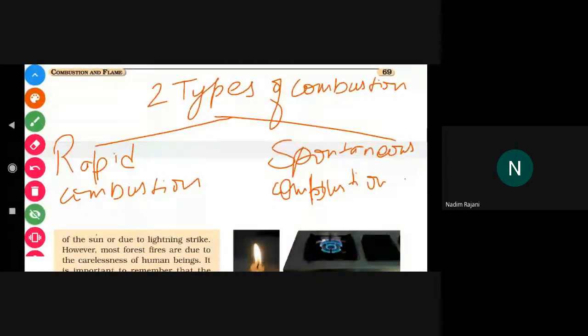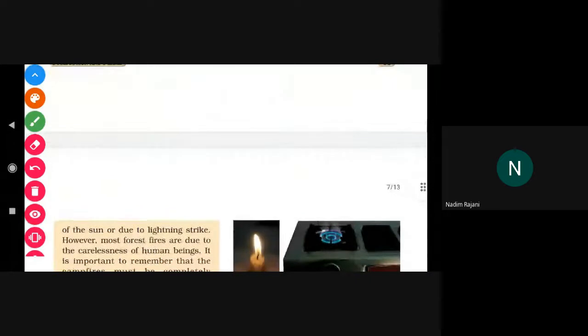Without applying any pressure or without doing any work, it will start burning at room temperature. What is room temperature? Okay, correct. So that is called spontaneous combustion. Without applying any work, when the substance starts burning, it is called spontaneous combustion.